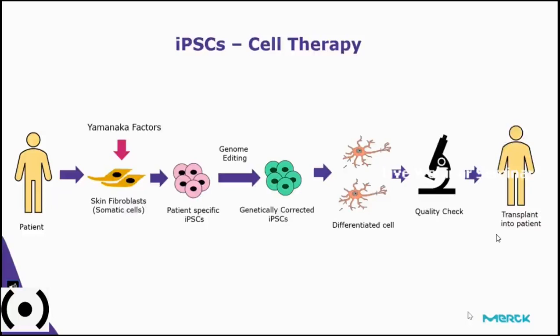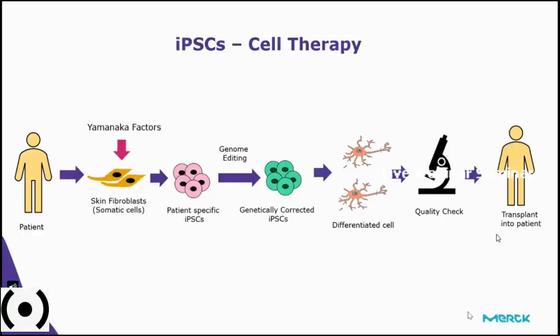Suppose a person is suffering from a neurological disorder. You can take the biopsy, grow fibroblasts, reprogram them into patient-specific iPSCs, correct the errors by genome editing, and these corrected iPSCs are again differentiated into neurons. Now these neurons don't have those mutations because you already corrected them with genome editing.